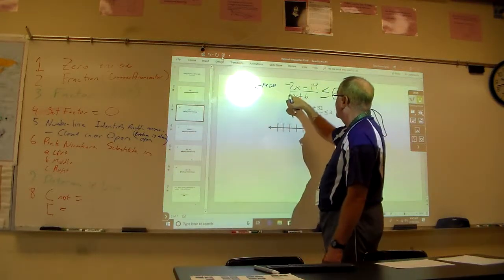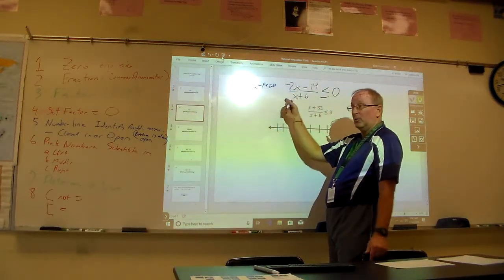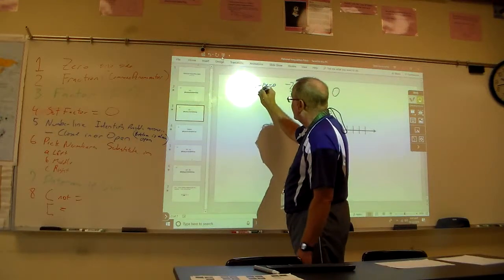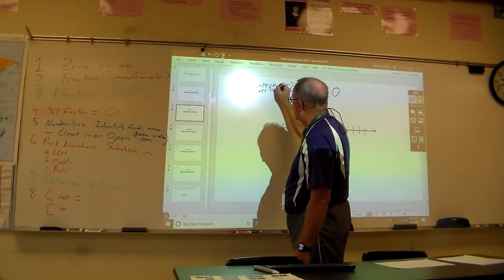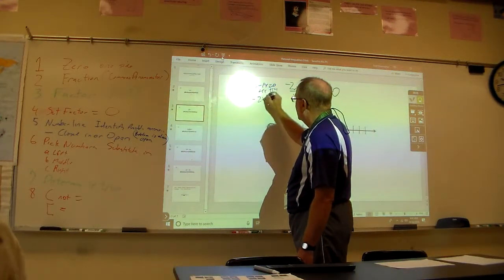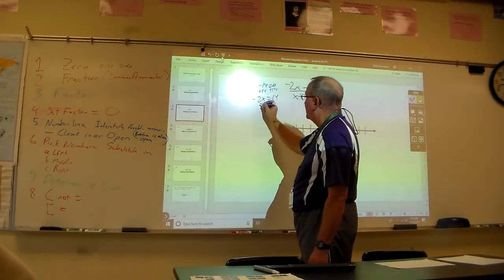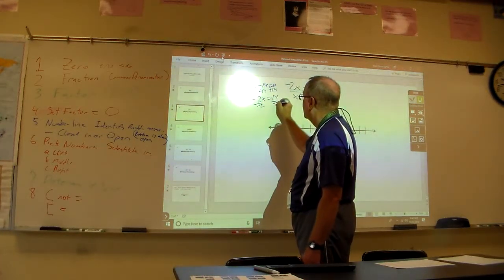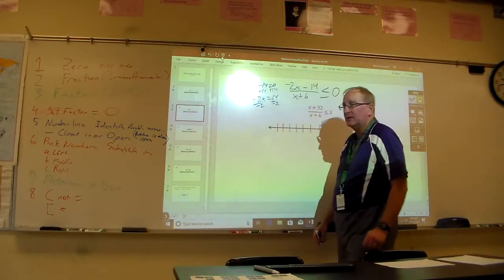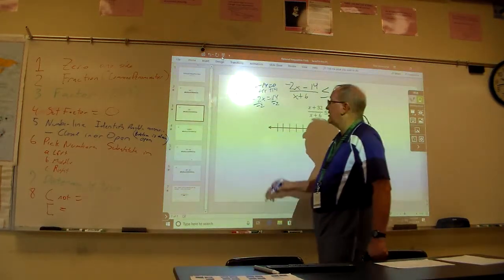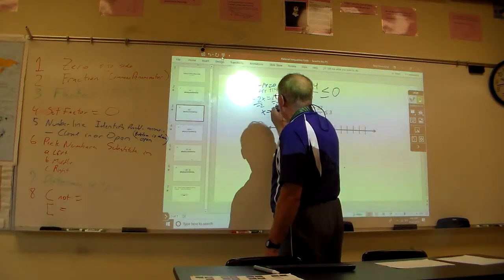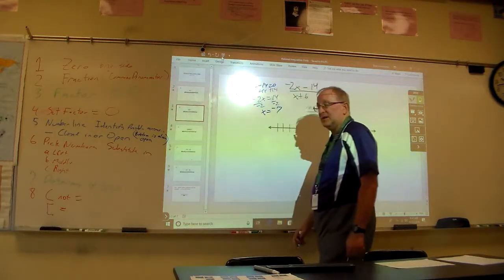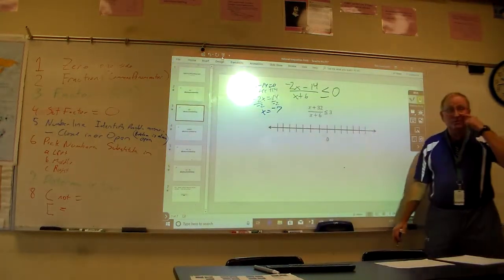If I have negative 2x plus 14, I'm just going to set it equal to 0. I would subtract 14 from each side, so I have negative 2x equals negative 14. So now divide by negative 2, and I get x equals 7.